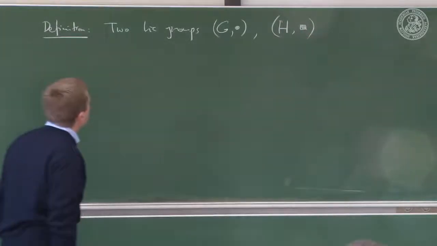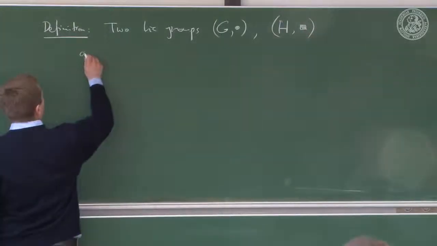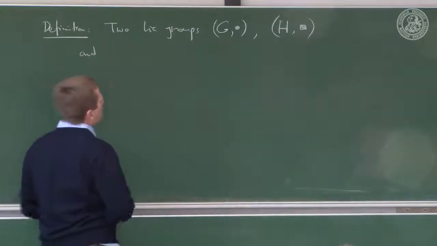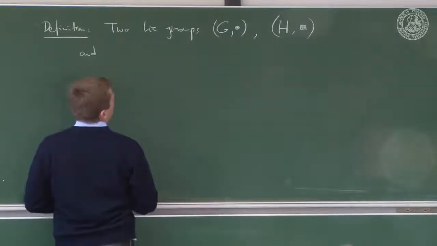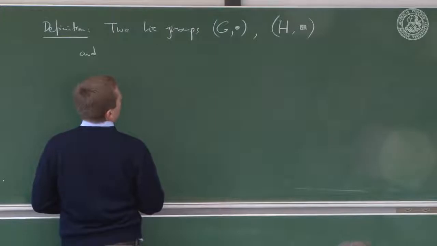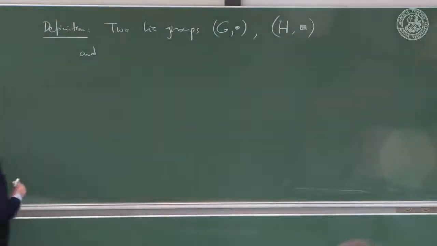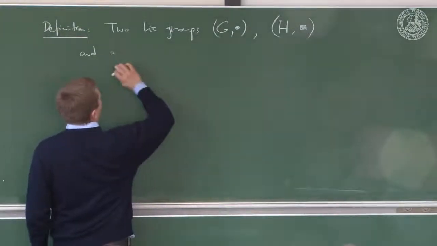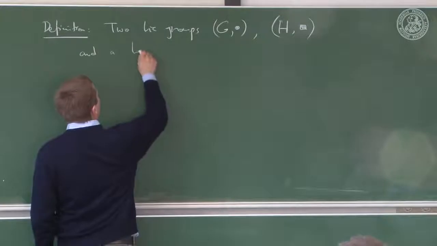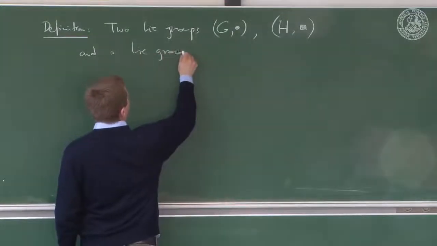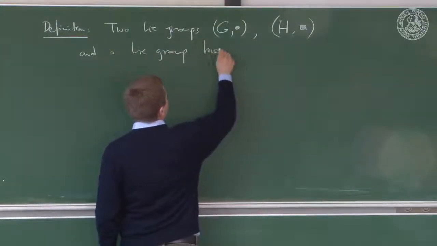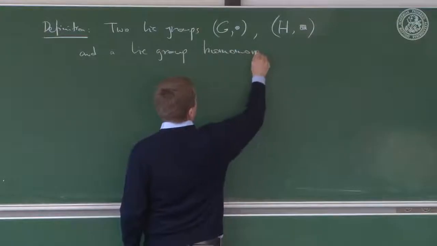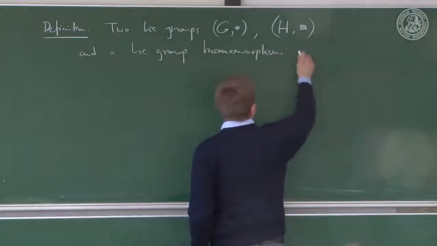And let's assume we also have a Lie group homomorphism. Let's make it a bit more tricky: two Lie groups and a Lie group homomorphism. Let's call that guy rho.